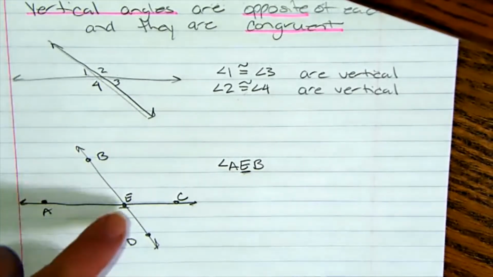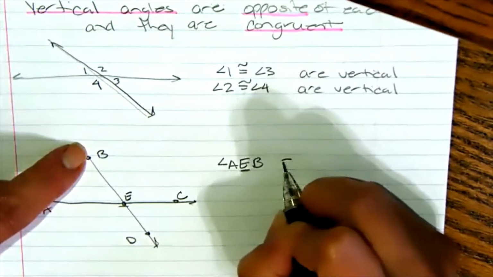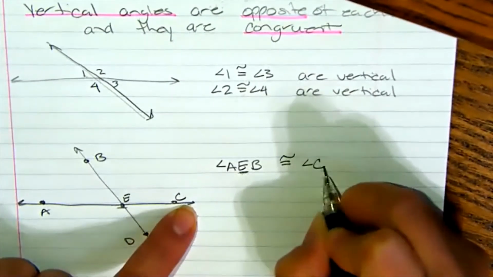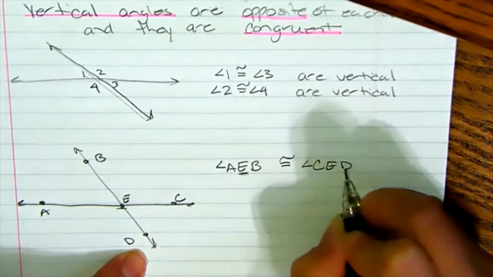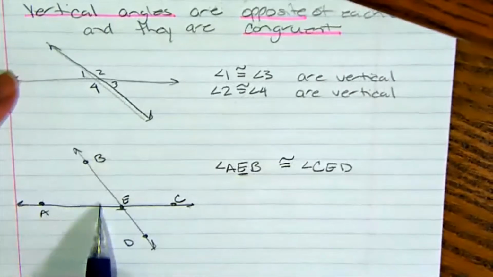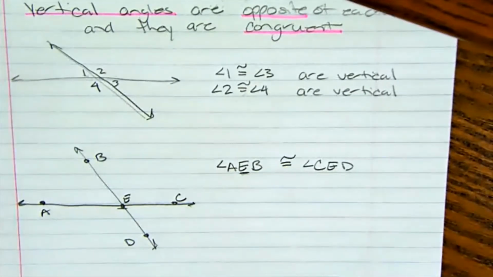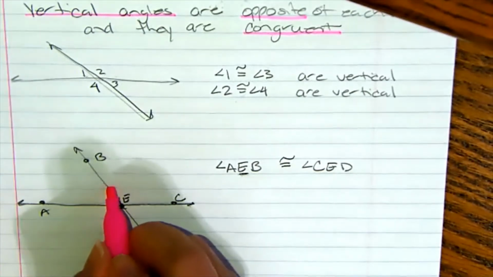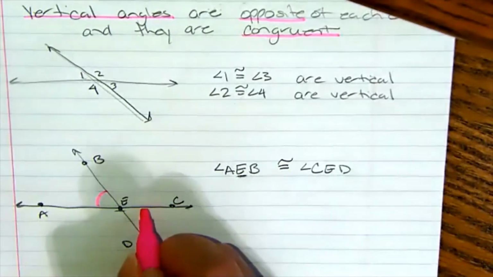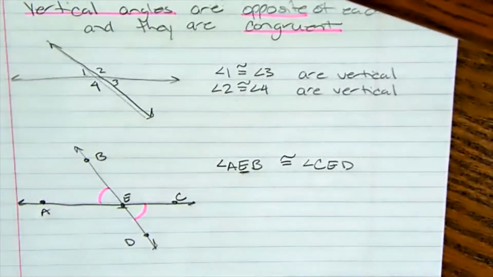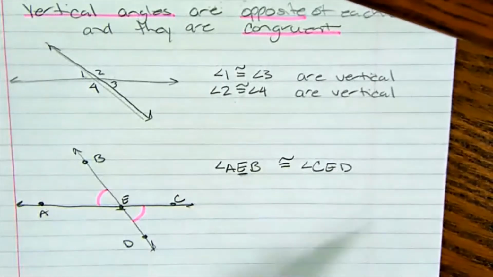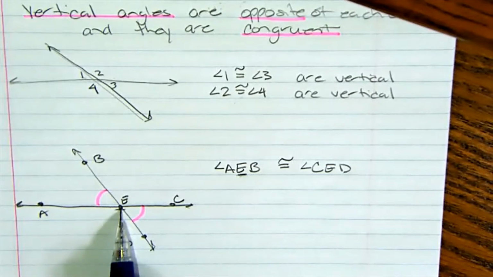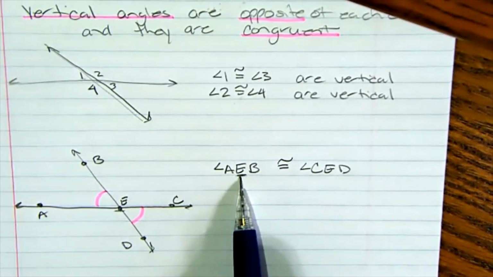And angle AEB is a vertical angle to, or congruent to, angle CED. These two are vertical angles. So let me label that for you. So this angle right here is a vertical angle to this. Therefore, they're congruent. And when we label angles, we always make sure the vertex, which is in the middle of the label.